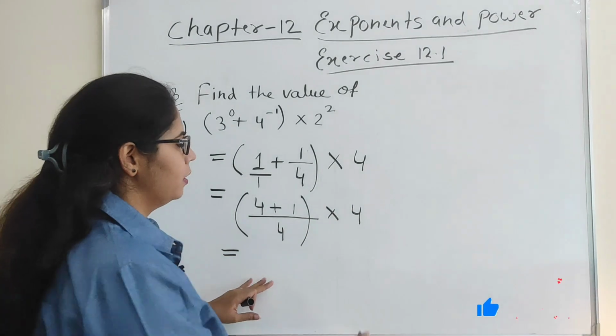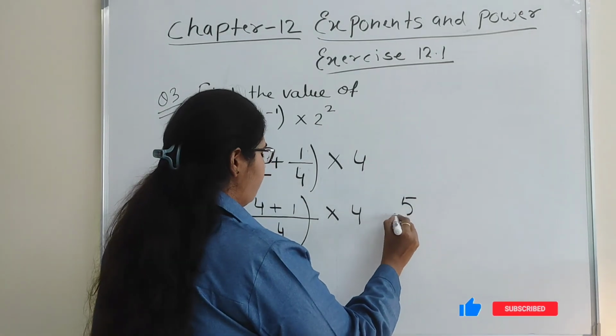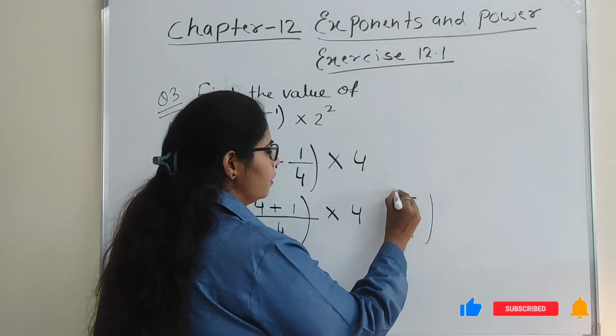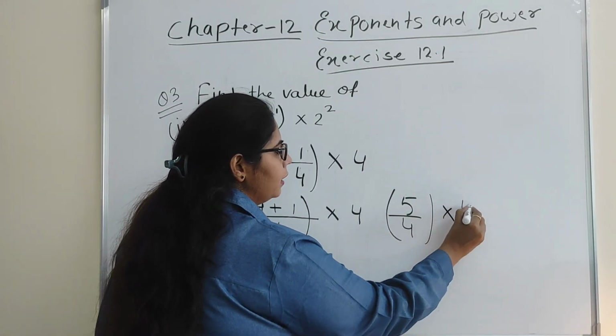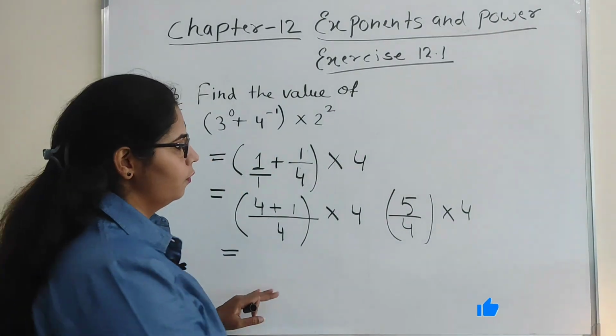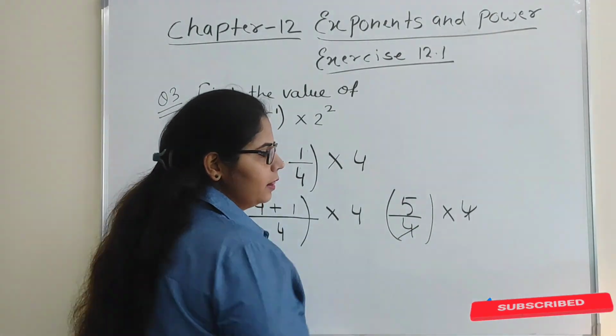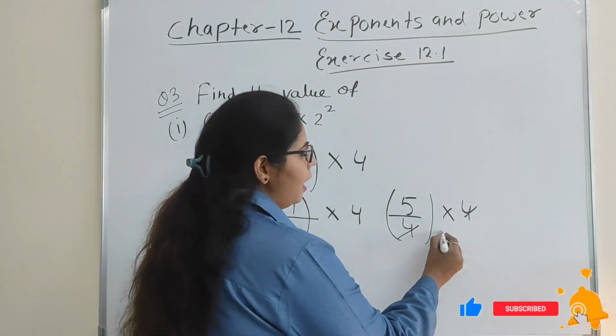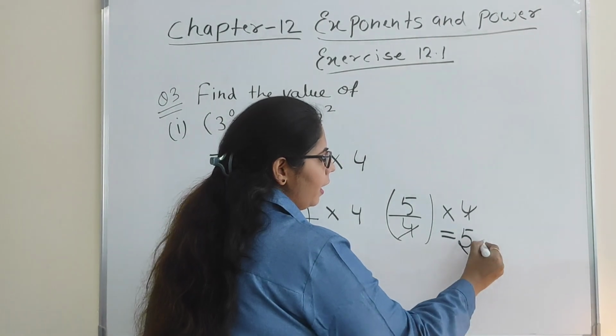Now 4 plus 1 is 5 upon 4, which is multiplied by the 4. The 4s cancel out. So what is remaining? The answer will be 5.